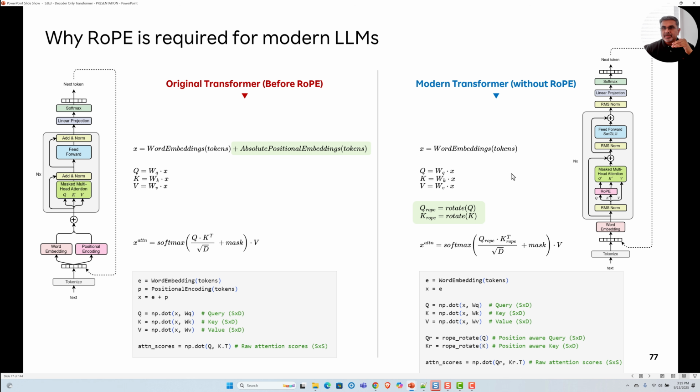With RoPE, because the weights are not learning anything about the positions, there is no impact on the quality of the response, even if the context length is very large. Now, if this were not implemented, we would not be able to see the modern-day large language models where we have multi-turn conversations with LLMs and they are able to answer while retaining all this context across very long lengths.